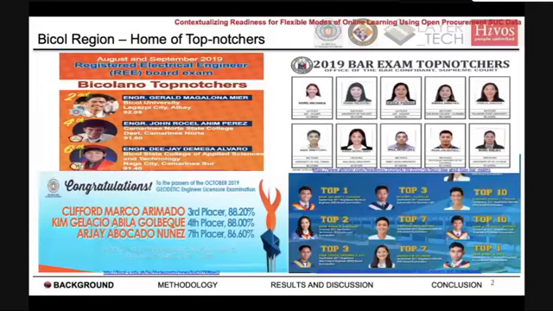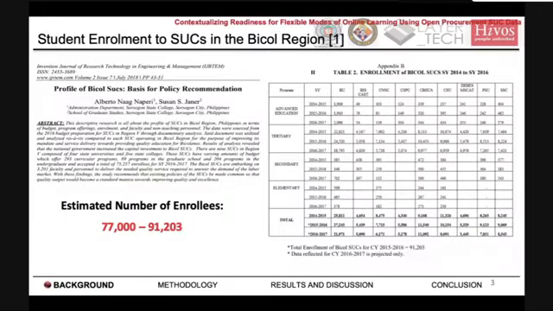As you may have noticed in recent years, the Bicol region has produced top-notch graduates under various courses. To name a few, we have accountancy, nursing, and also top-notchers in engineering and sciences, and also in social work and education. Because of this, it has affected the number of enrollees of each SUC in the region.